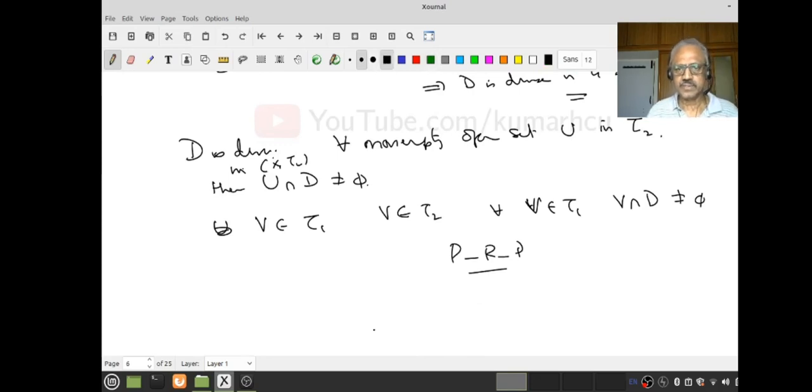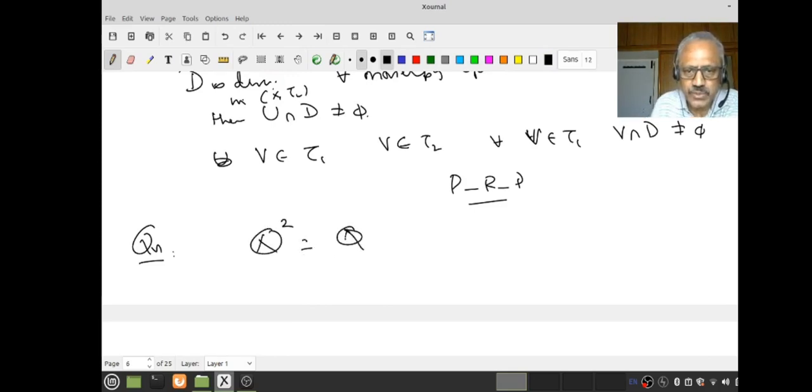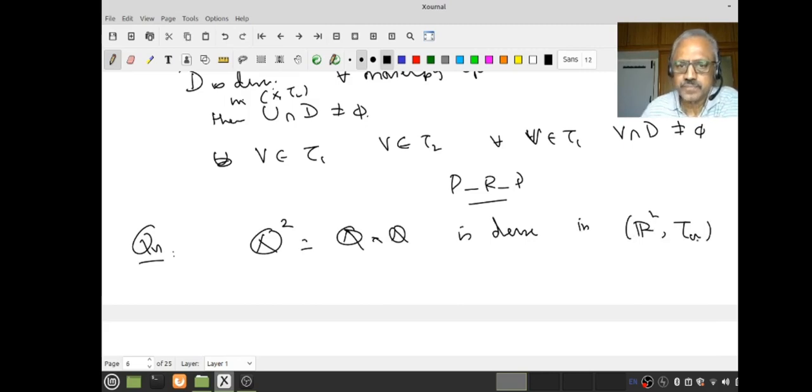Now that I have done this, can you guess what I am going to ask next? If you learn this, what should be the next question? Let's look at Q squared, that is Q cross Q. This is dense in R2 with the usual topology, right?